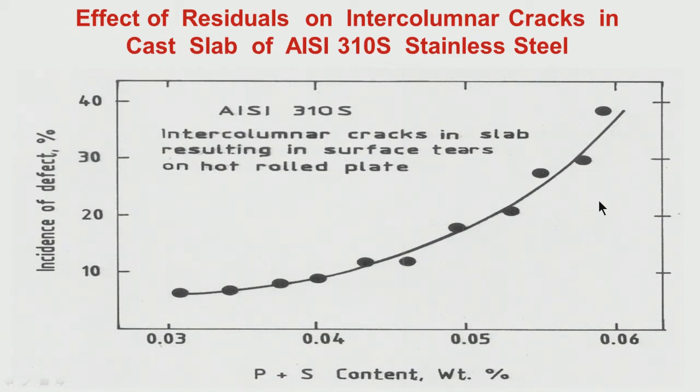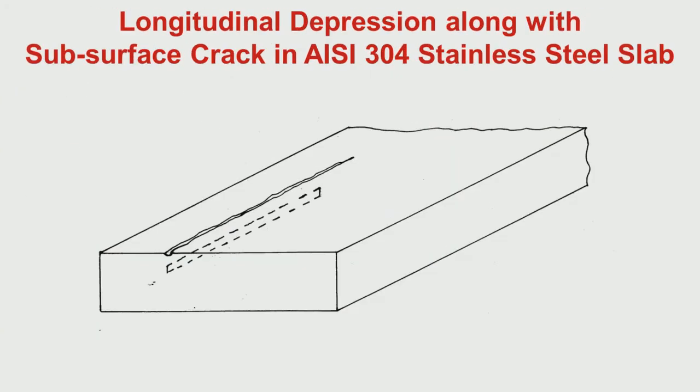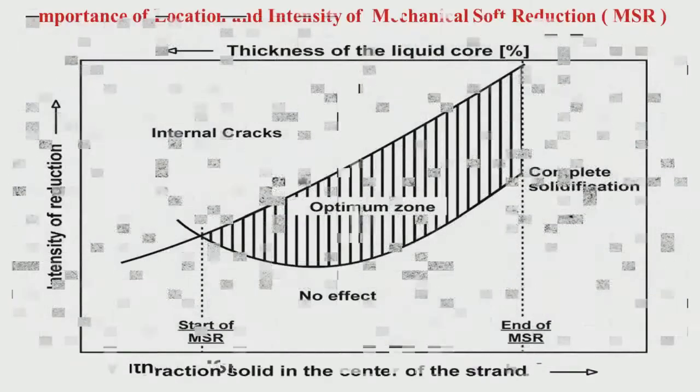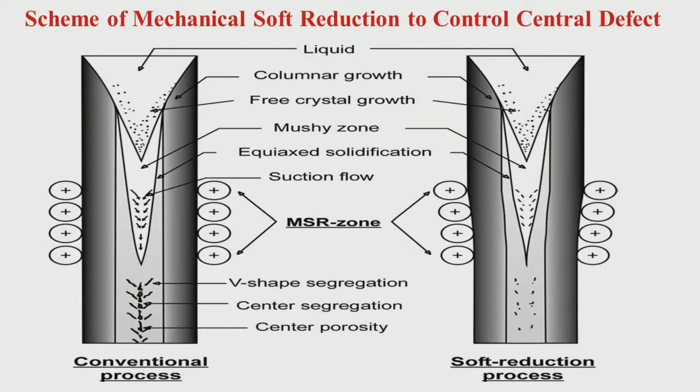So I have mentioned to you different types of defects. First I have mentioned the defect at the central region. It can happen in all types of grades, but it will be relatively more for austenitic grades which are undergoing austenitic solidification. Why?